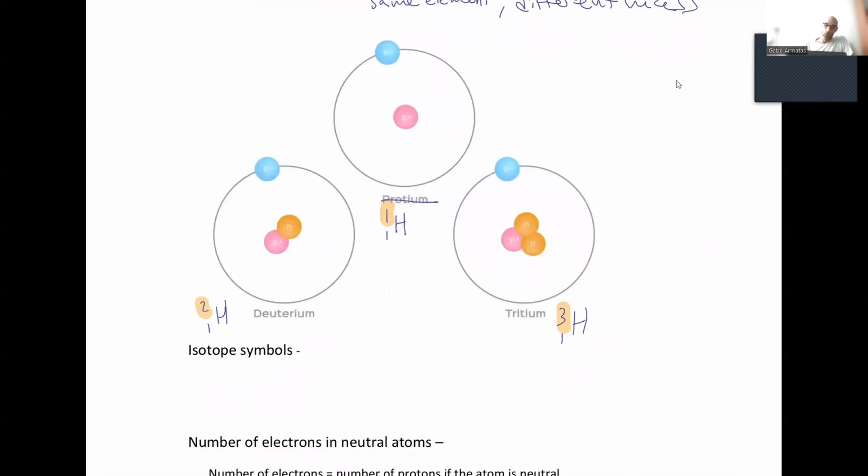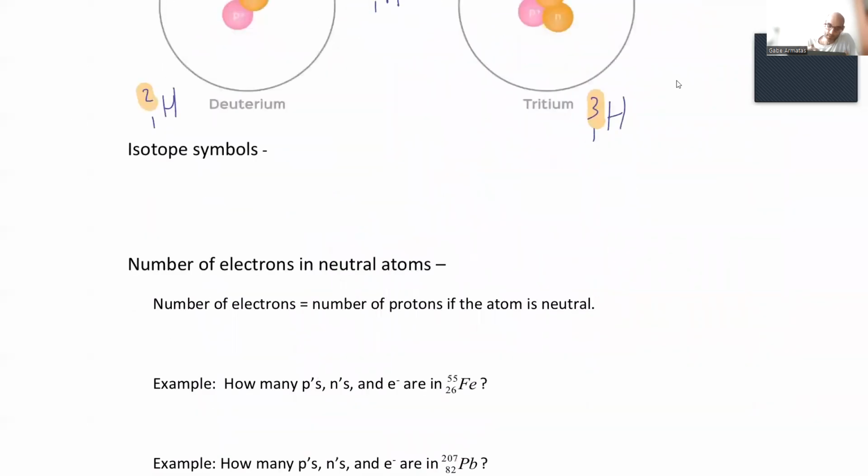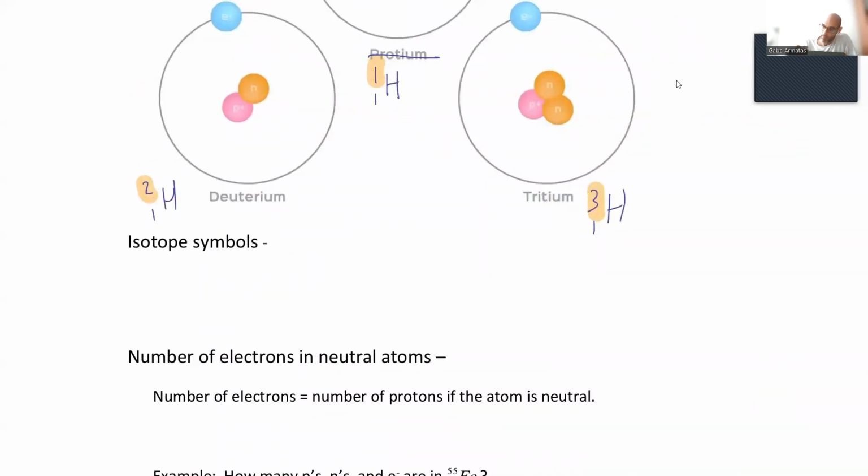When we see these isotope symbols, we can write them in a bunch of different ways. I can represent this as 2H, that's deuterium. Or I could say hydrogen 2, that tells you the mass as well.